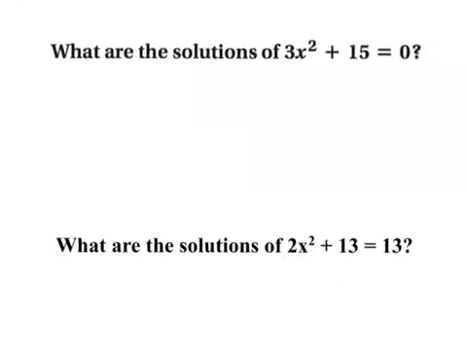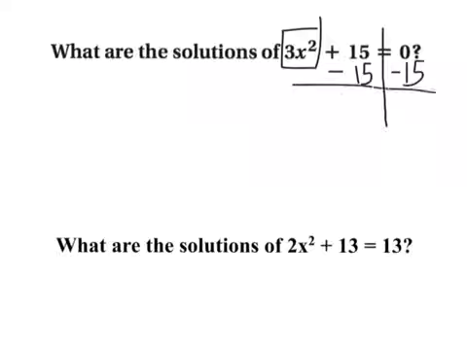Okay, so let's look at a couple other ones. What are the solutions of 3x squared plus 15 equals 0? Remember, my first step is to get that x squared by itself. So my first step is going to be to subtract 15 on both sides, getting me 3x squared equals negative 15.